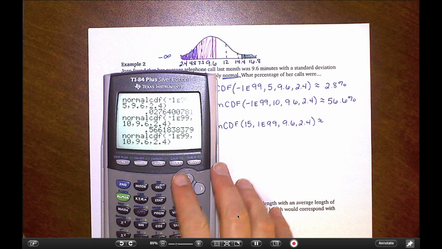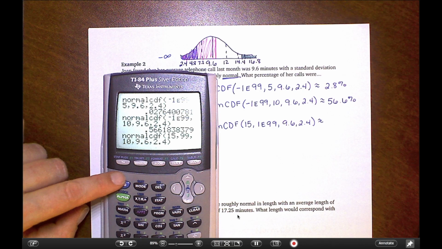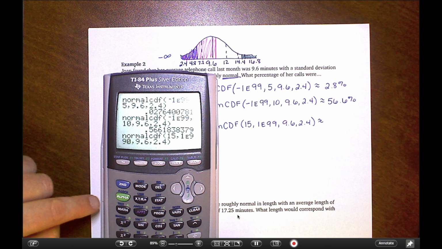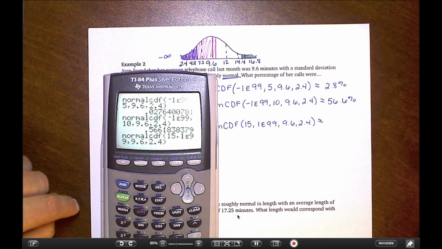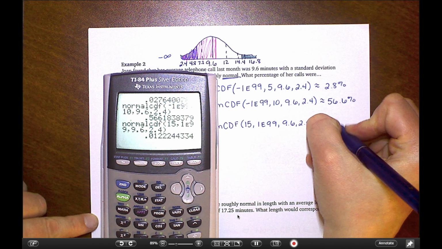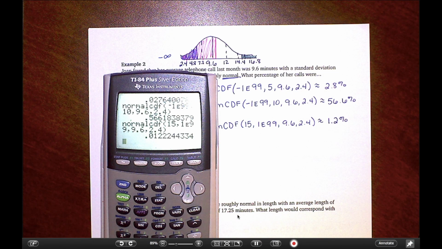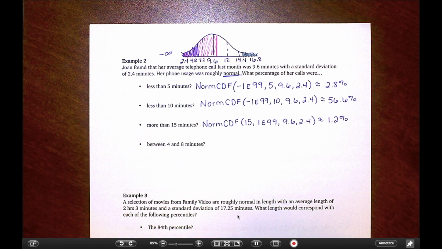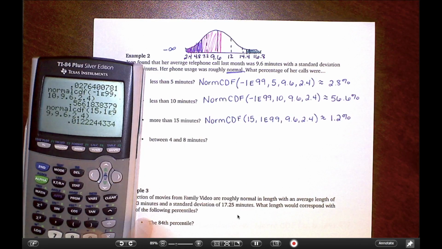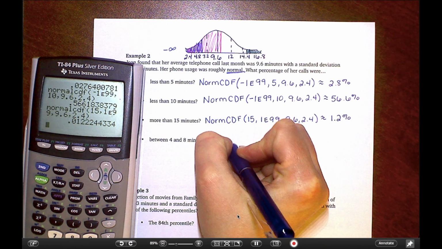So I'm doing 15 minutes up to infinity, 9.6, 2.4, and I end up with 1.2%. Notice I'm moving the decimal point on all of these because they're all percentages. And between 4 and 8 minutes, the only change I'm going to make there is to set my lower and upper boundaries to 4 and 8.